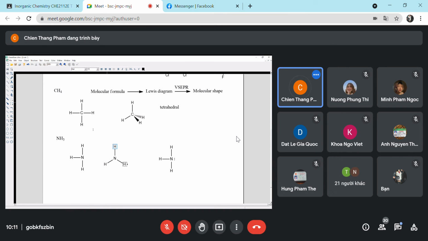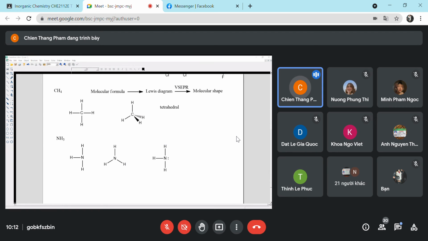Now for the second structure, this one. Let's consider how many electron pairs surround the nitrogen atom here.